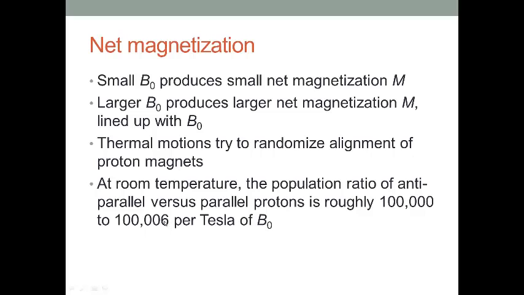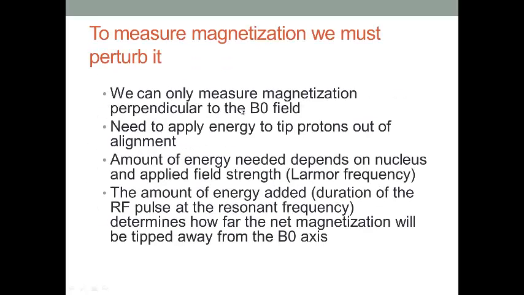Okay, so we always talk about the net magnetization. So how do we measure the magnetization? Generally, we cannot measure the magnetization along B0. We can only measure the magnetization perpendicular to the B0 field. So that's the issue.